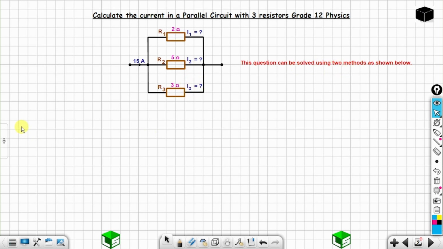For the first solution, use the following formula: the voltage is equal to the current times the resistance.